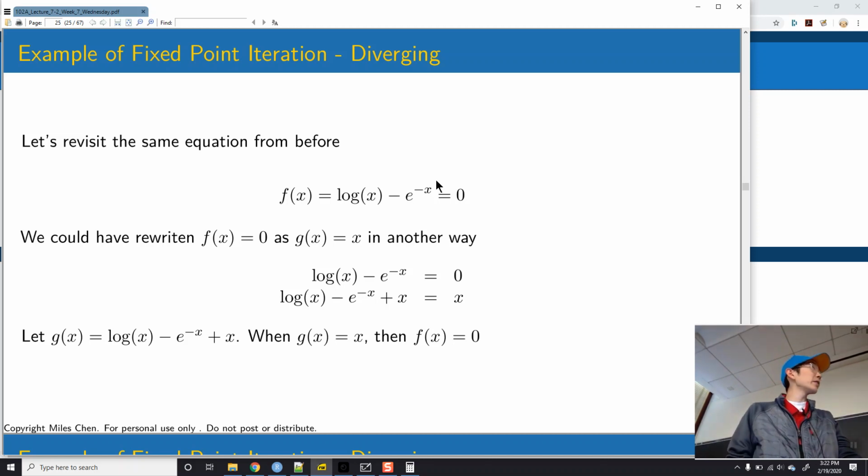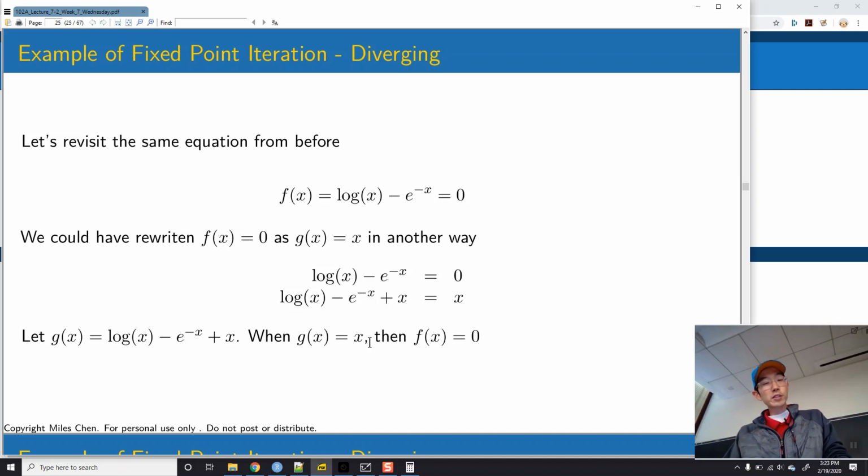So let's revisit this, and I can rewrite it, all right? I can say, well, let's set this equal to 0. I'm going to add x to both sides, okay? And if I do this, then g of x has this form, okay? But at the fixed point, the derivative of this is greater than 1, and writing g of x here, g of x will not have an attractive fixed point, okay?